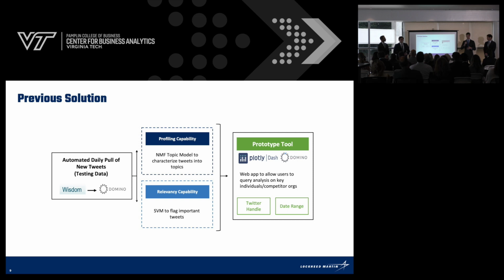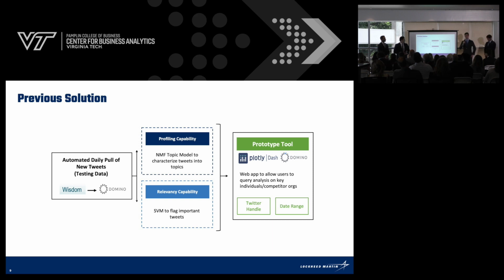And after that, it would apply a topic model, which would extract keywords from the tweets and create topic buckets, which would further help gather and summarize the content of the tweets. Once the models were applied, the app was ready to be used.